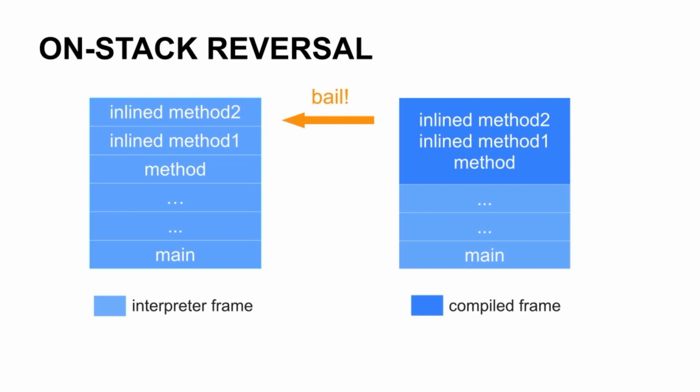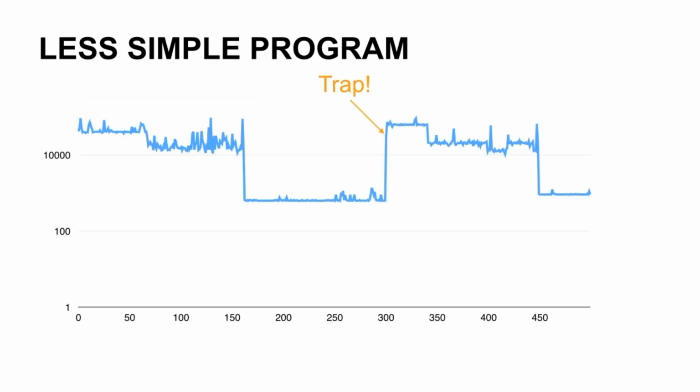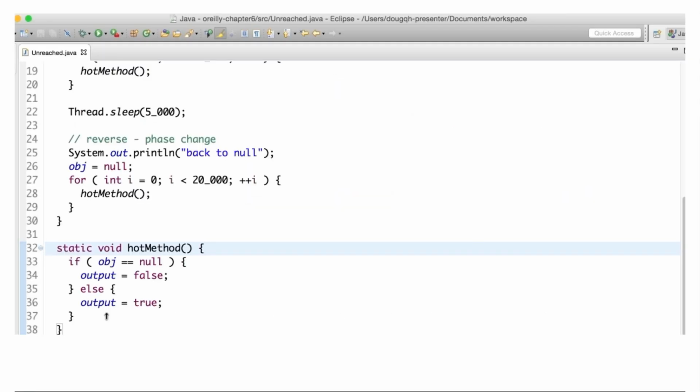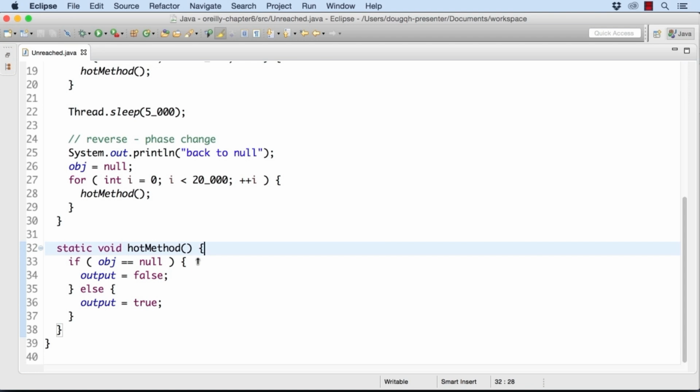We're going from compiled code to interpreted code mid-execution. And it's actually this particular trap that explains the behavior of our less simple program from earlier, where we saw the performance drop off at the beginning of our allocation loop because we had a variable that we changed to non-null. But if you were paying really close attention, you might have been wondering, is this example just silly? Well, yes, it is.